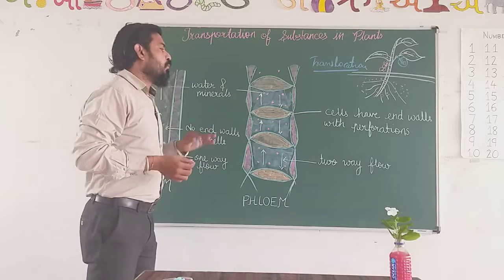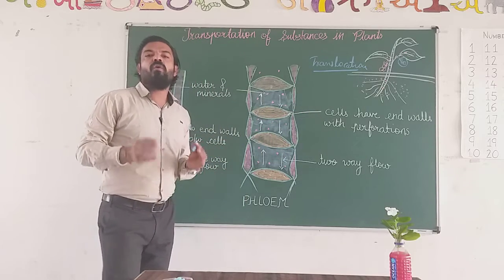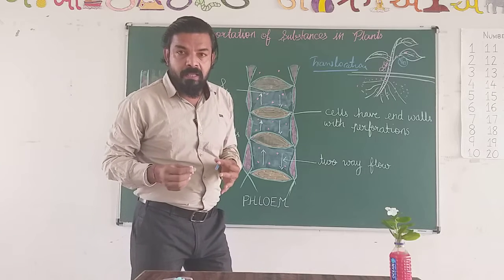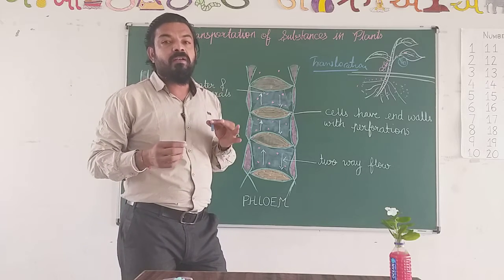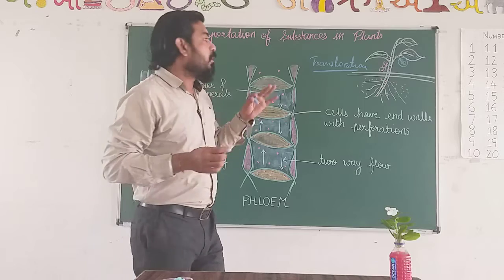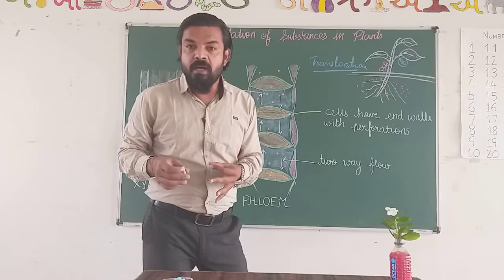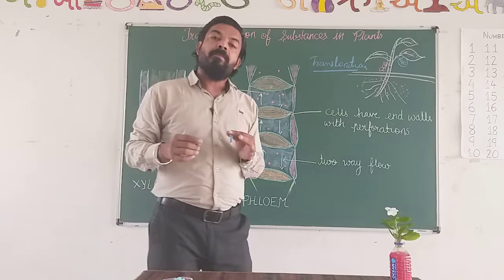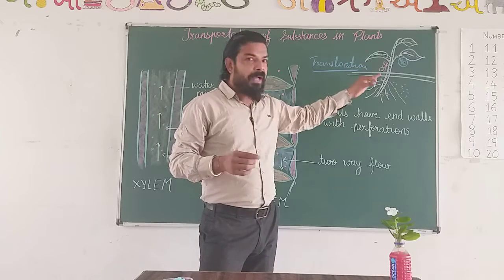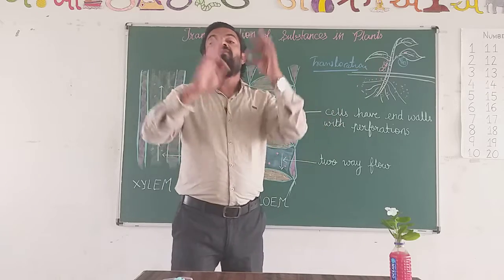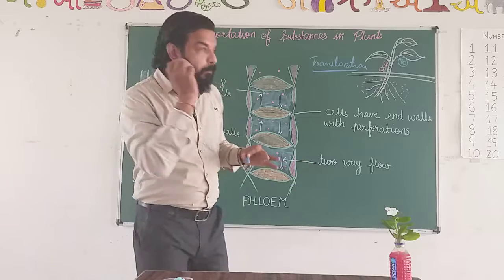Okay, so what is phloem? Phloem is the vascular bundle which helps in the transportation of protein, sugar and vitamins made by the plants to the different parts of the plant.